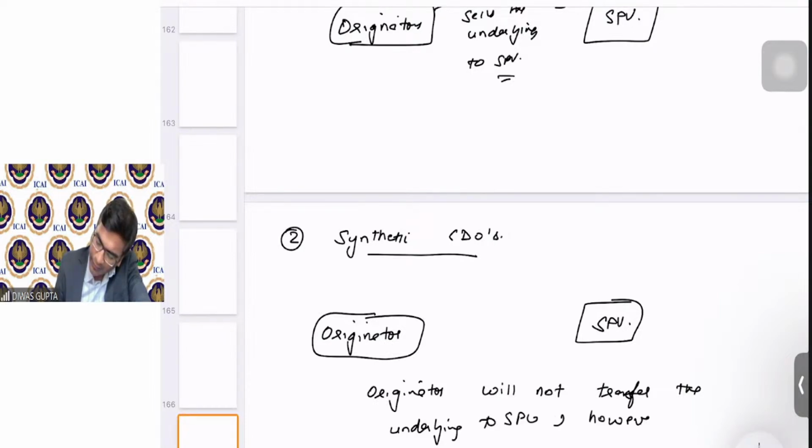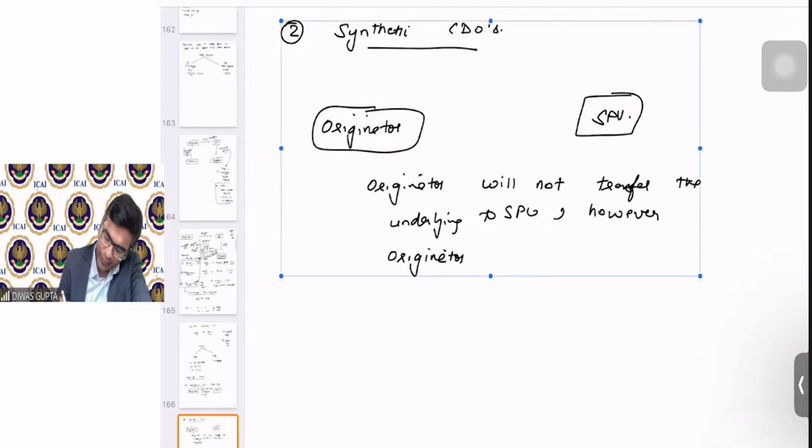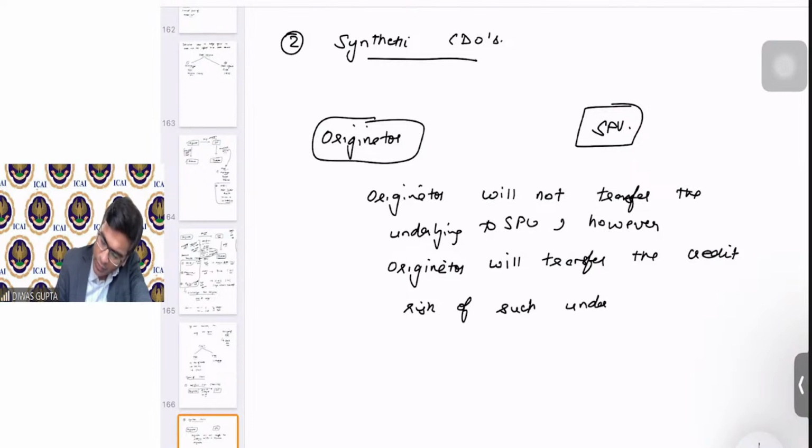However, the originator will transfer the credit risk of such underlying.